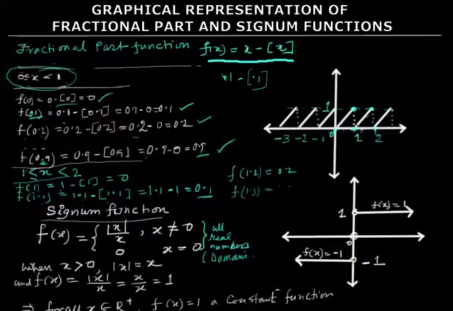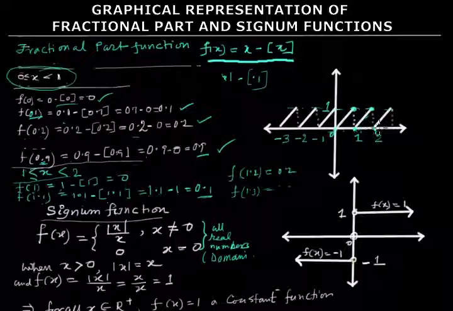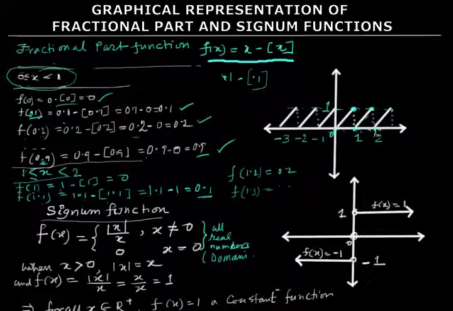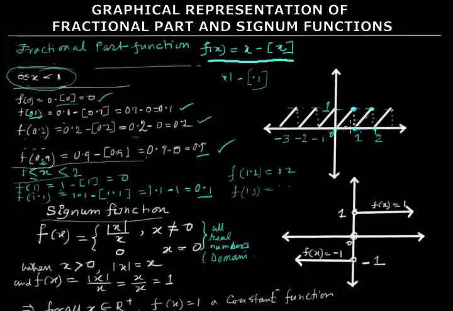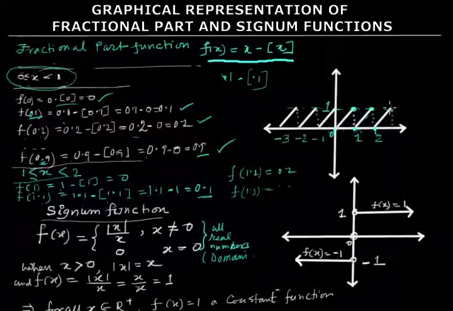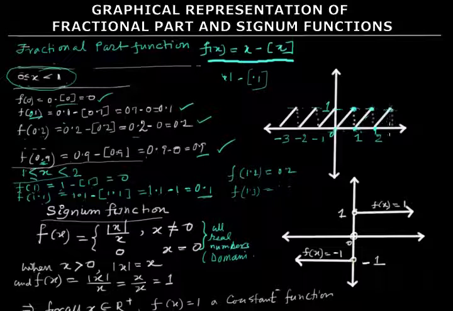Like this, if you plot, it again starts from 0 and goes up to 1. But when x is 2, it drops to 0. From 2.1, the value f(x) is 0.1, and at 2.2, f(x) is 0.2. It proceeds like this until it comes to 3.